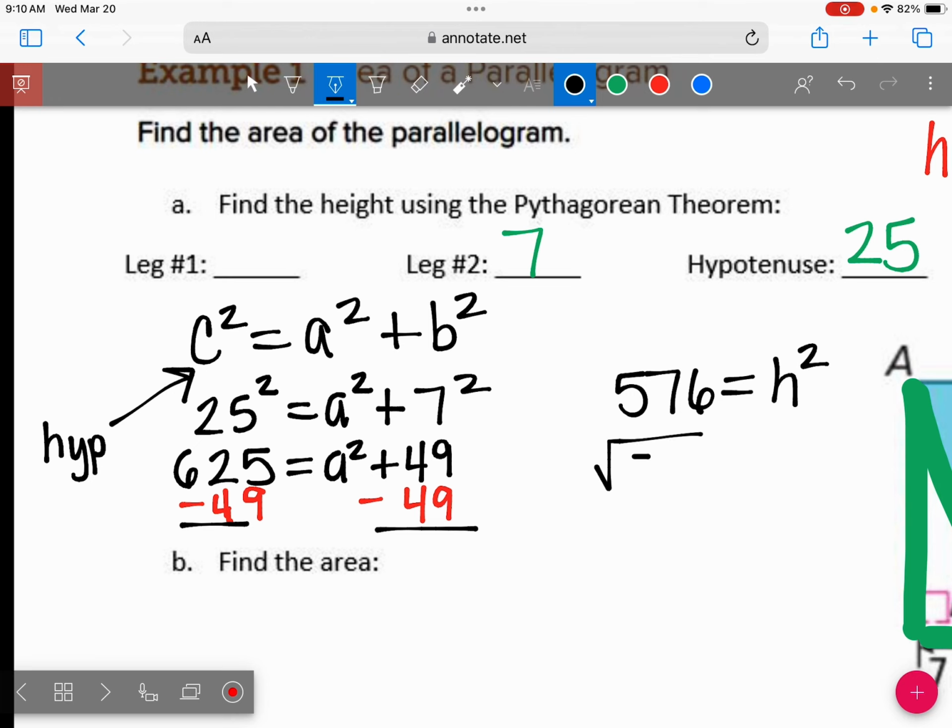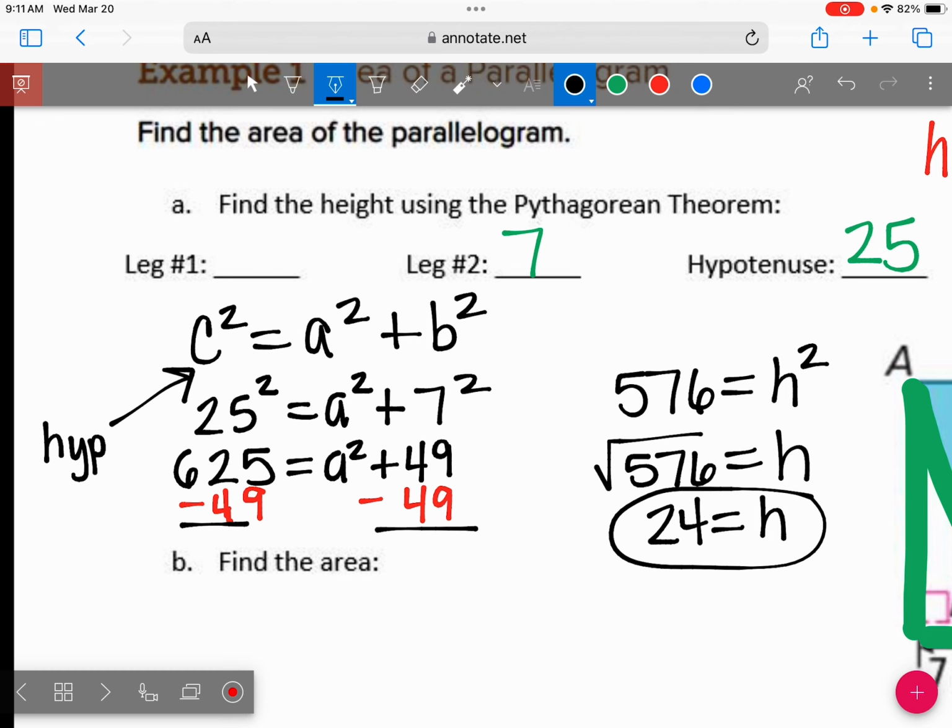And now let's take the square root of 576. You should get 24 is the height.